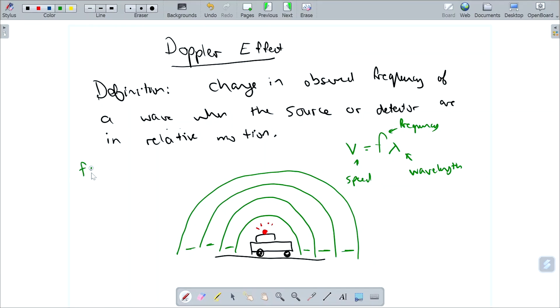Another idea here is that the frequency is the number of oscillations per second. The wavelength is the distance between two consecutive peaks or troughs in the wave.